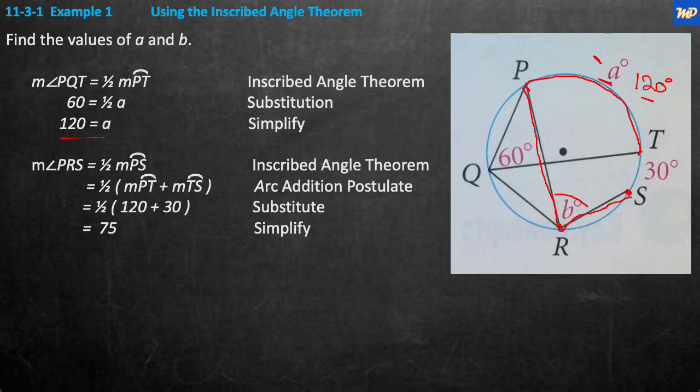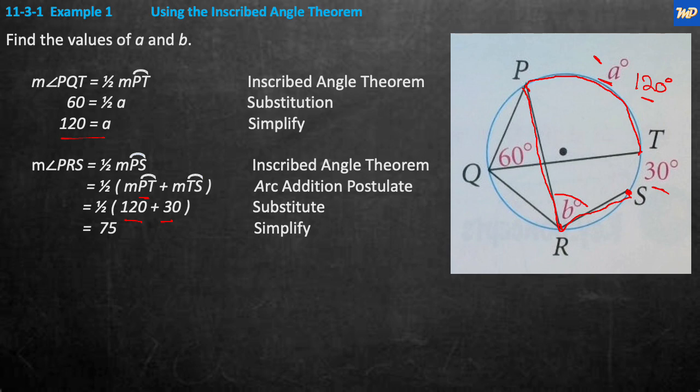And we're given that TS is equal to 30 degrees. So down here in the equation, angle PRS is equal to 1/2 of the quantity of PT, which is 120 degrees, and TS, which is 30 degrees.